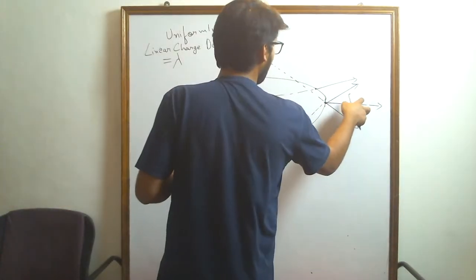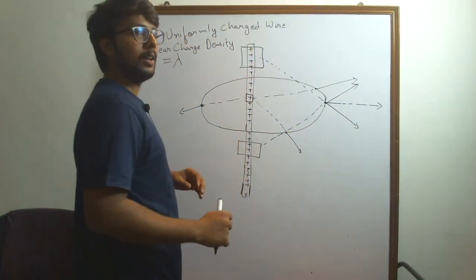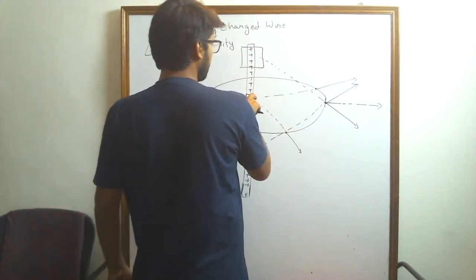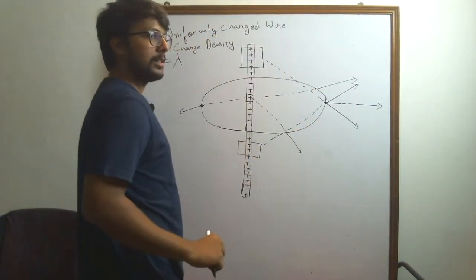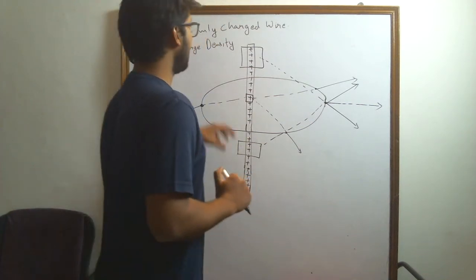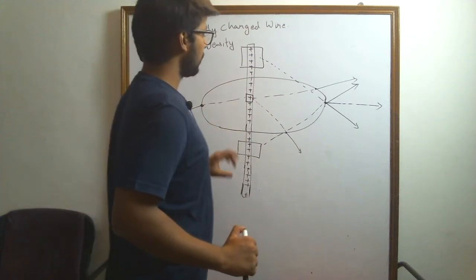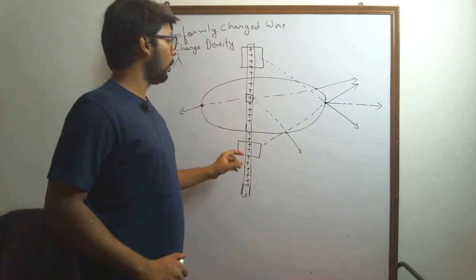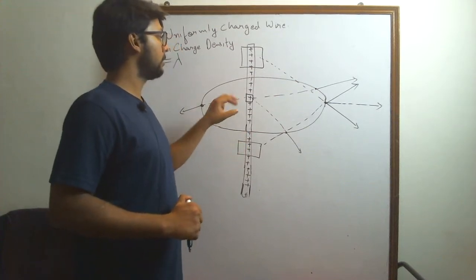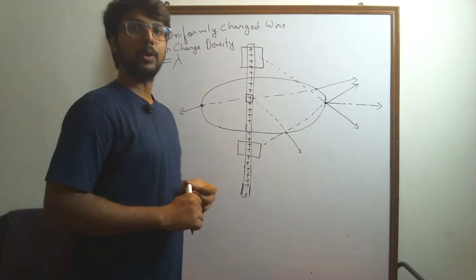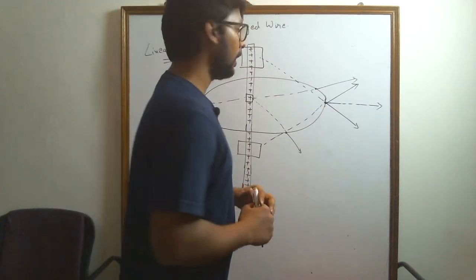So once we have that understanding, that the piece in the center, that means the charge in the center, is also creating a radially outwards electric field, as well as the pieces or the charges above and below this charge are also giving us a radially outwards electric field, right?